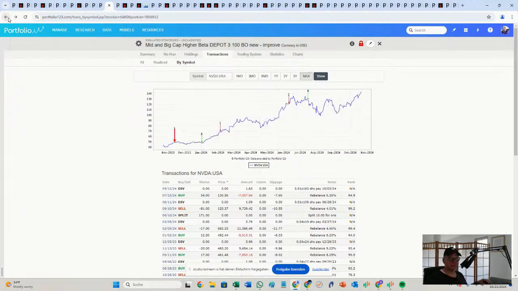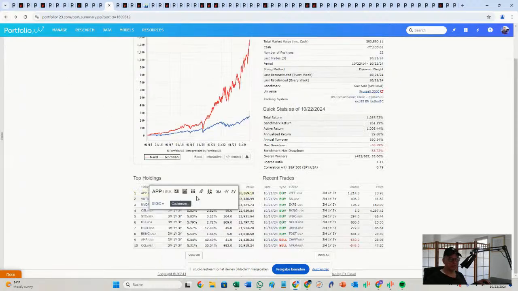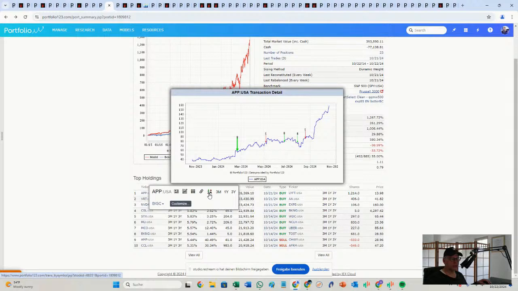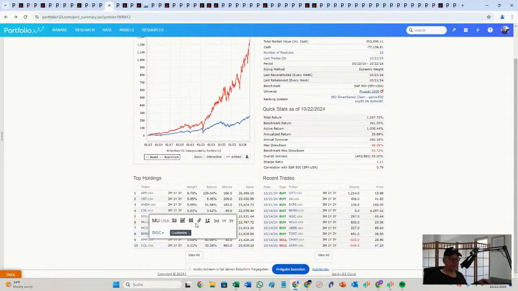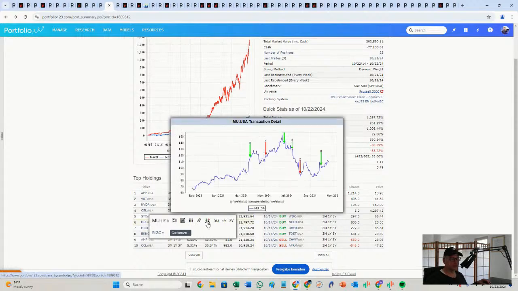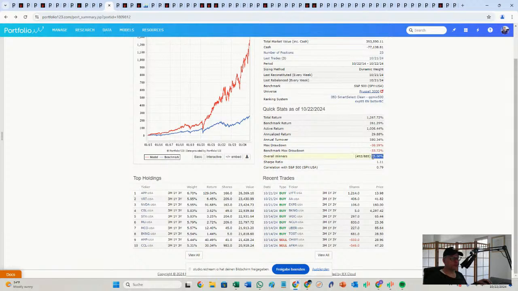Let's just see what it also bought. It bought APP, right? MU. Let's just see that one. Yeah, those weren't good buys and sells, but the system gets it wrong 45% of the time, obviously.